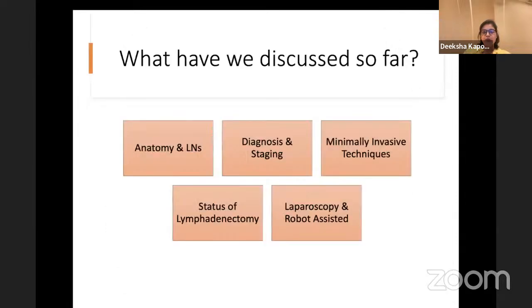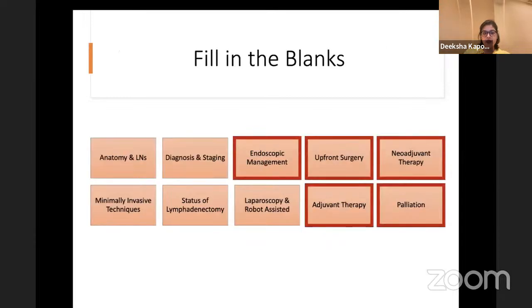So I'm just going to bring things into perspective for a moment here. Between yesterday and today, we've already discussed the anatomy of the stomach, the lymph nodal stations and the drainage, the diagnosis and the staging modalities, use of minimally invasive techniques, robotic and laparoscopy in surgery, and the status of lymphadenectomy, the discussion just by Professor Sadaf right now.